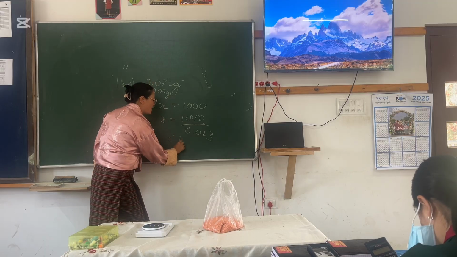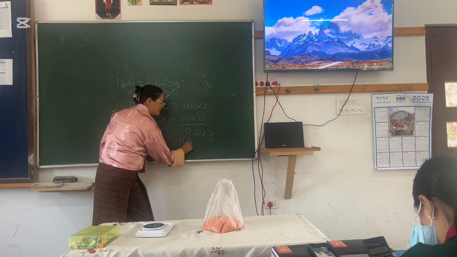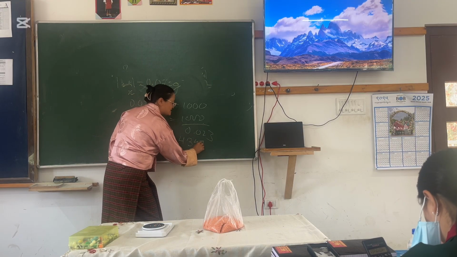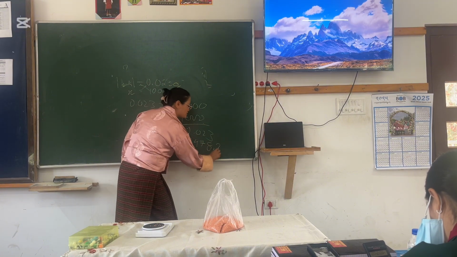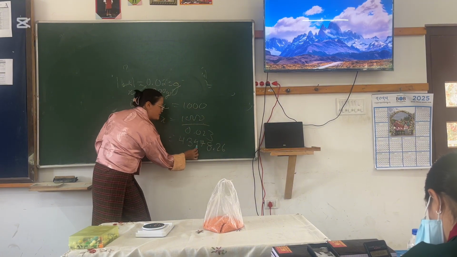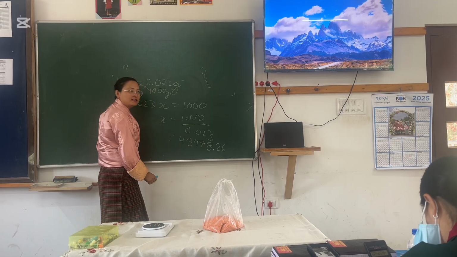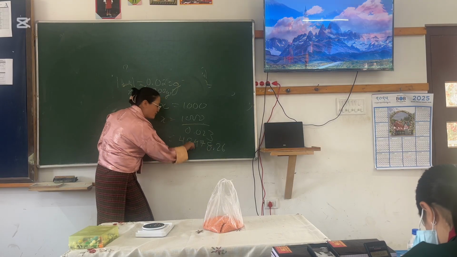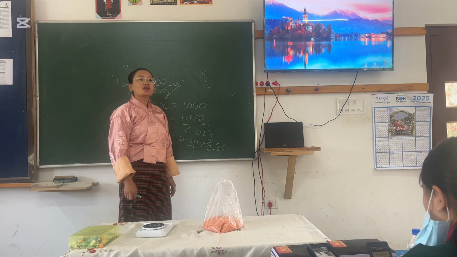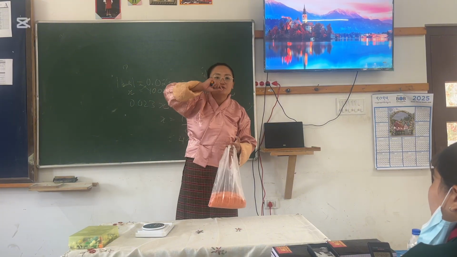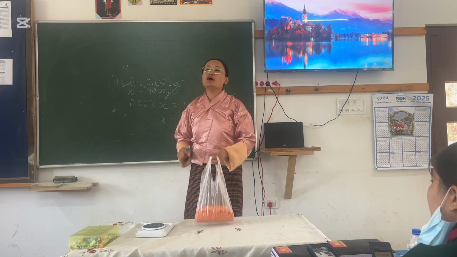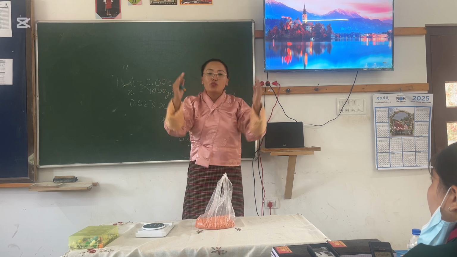That is 43478.26. Meaning there are about 43,478 lentils.